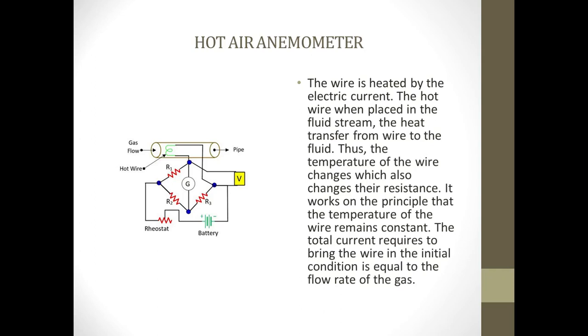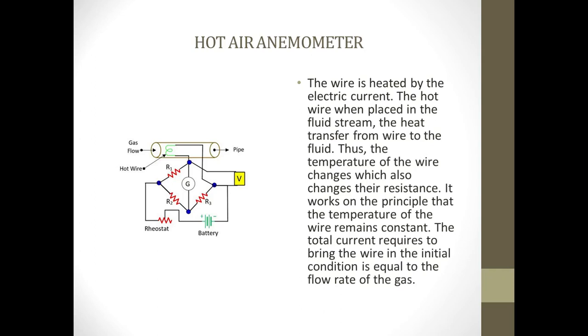The flow of current through the wire generates heat on account of I squared R losses. This heat is dissipated from the surface of the wire by convection to the surroundings. The loss of heat due to conduction and radiation is taken to be negligible.